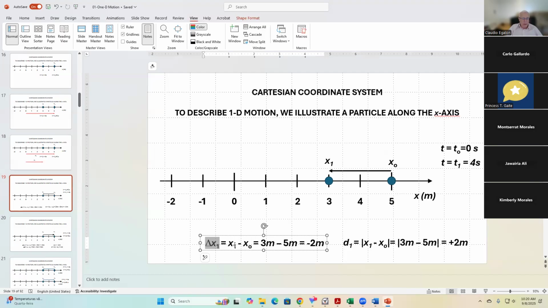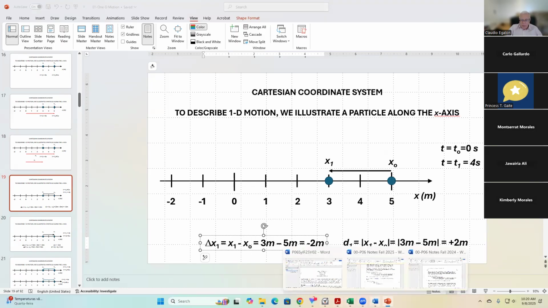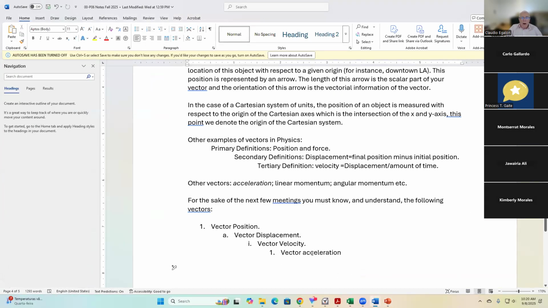It is the final position minus the initial position, like I defined before, right? So I'm going to write that down in a mathematical fashion. Vector displacement.